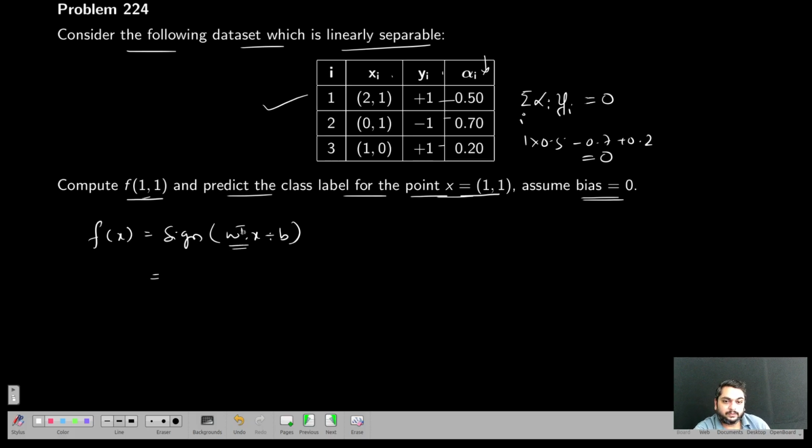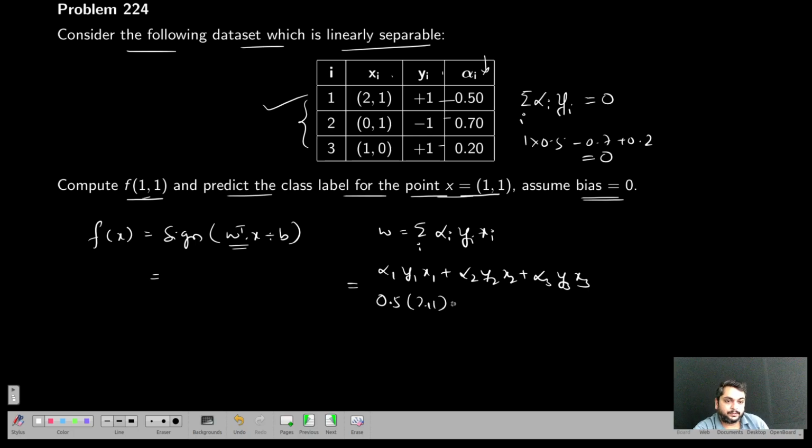So now find W. W is equal to the summation over i of alpha i yi xi. Here only three values are given. So this is alpha 1 y1 x1 plus alpha 2 y2 x2 plus alpha 3 y3 x3. Substitute those values. This is 0.5, y1 is plus 1, x1 is (2, 1).